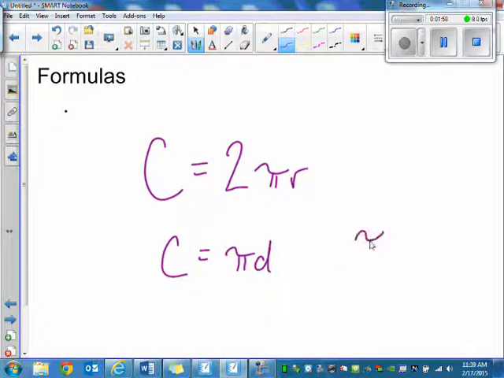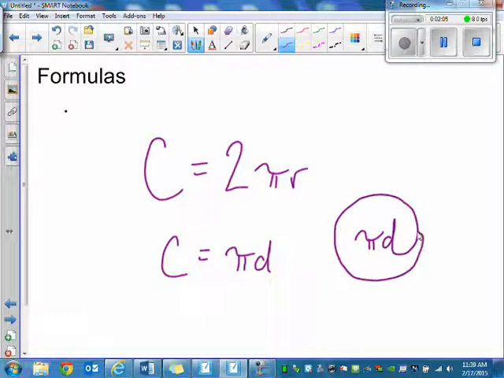I like to just remember it with pi d because if I draw it like this and I carry on my d and I do a circle around, I can remember that the circumference is pi d. And if I have a really big fancy D, it makes a circle. Not mathematical there, but maybe something to help you remember what the formula for the circumference of a circle is.